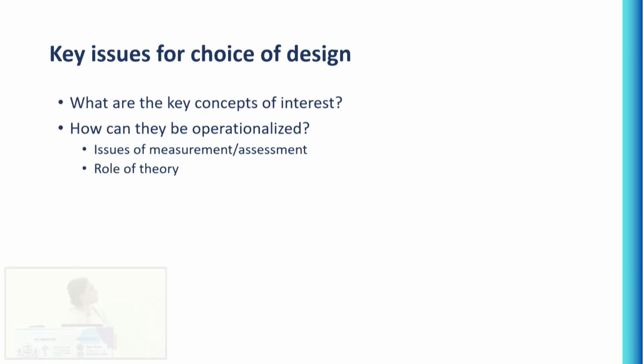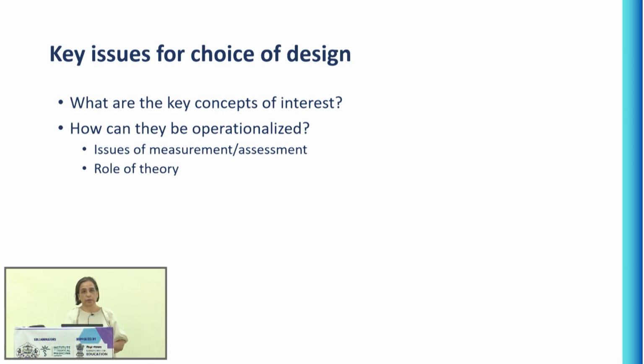So what are the key concepts of interest? This is your starting point, right? And we saw in the examples that you were looking at that it took a little bit of time to get to the key concept you were trying to explain. So whether it was digital literacy, or emergency care at the hospital for road traffic accidents, or the effectiveness of PPM, those are all concepts which you're trying to explain and research.